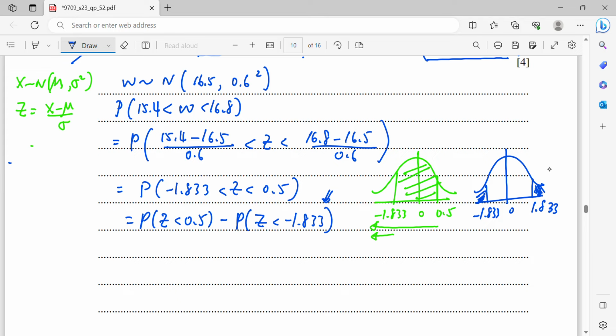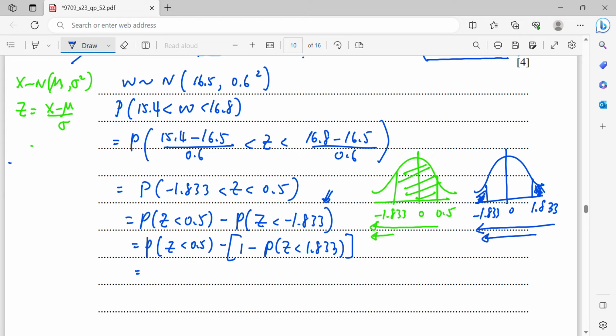So the left region is the same as the right region. This right region is basically 1 minus P(Z < 1.833). So I will write P(Z < 0.5) minus (1 minus P(Z < 1.833)).